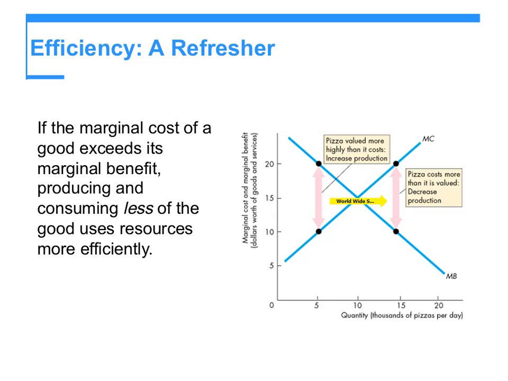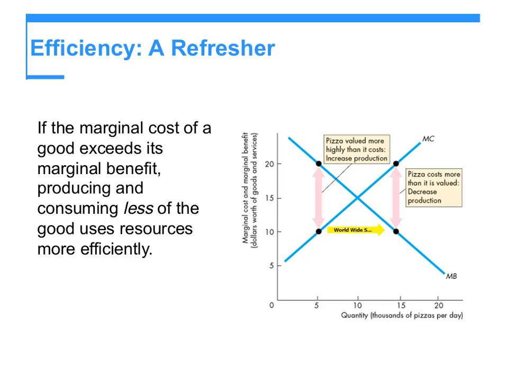Now the other side. If marginal cost here is more than marginal benefit, it's better to decrease the consumption or production of the product to reach the equilibrium point. So pizza costs more here than its value. Decrease production. It's better to do that. Here people are not willing to pay for the pizza anymore because they have enough. The cost that you make is going to be more than the value that they have.